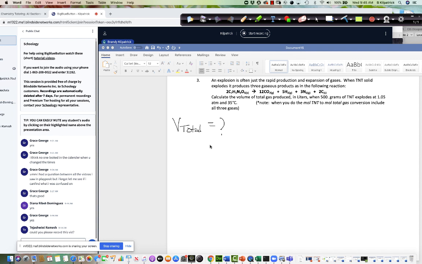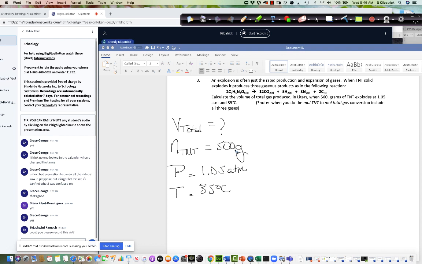So I need to pull out my variables. When 500 grams, so I have an amount, but this is for the TNT. That's the TNT right here. Okay, that's 500 grams. And it explodes at a pressure 1.05 and a temperature of 35 degrees Celsius.